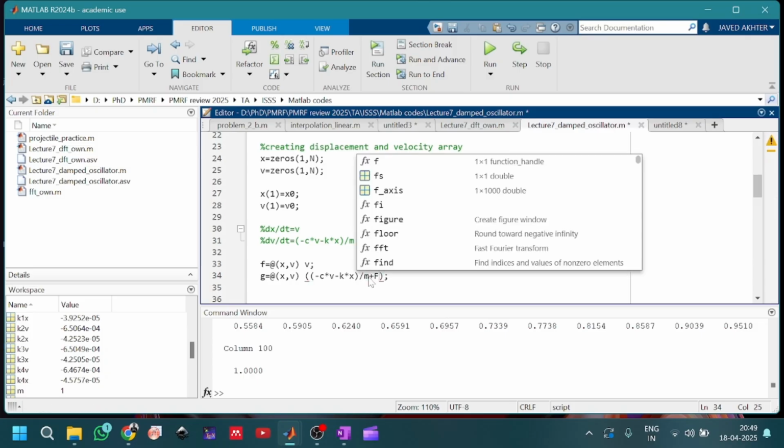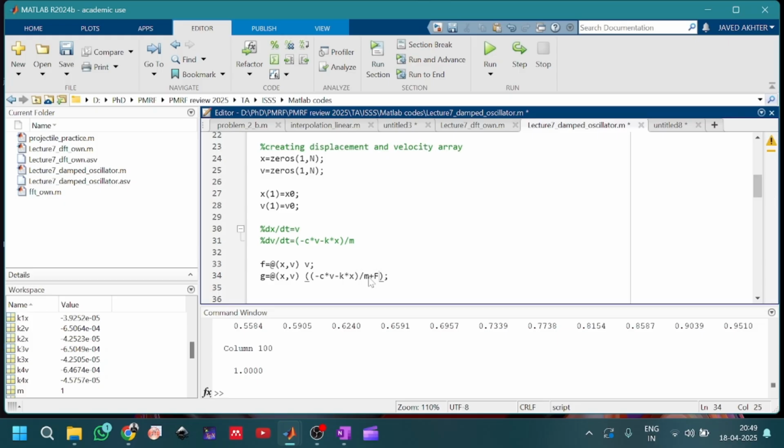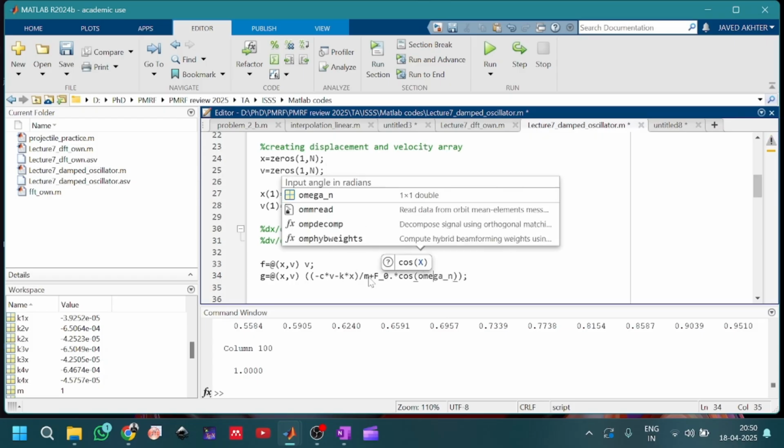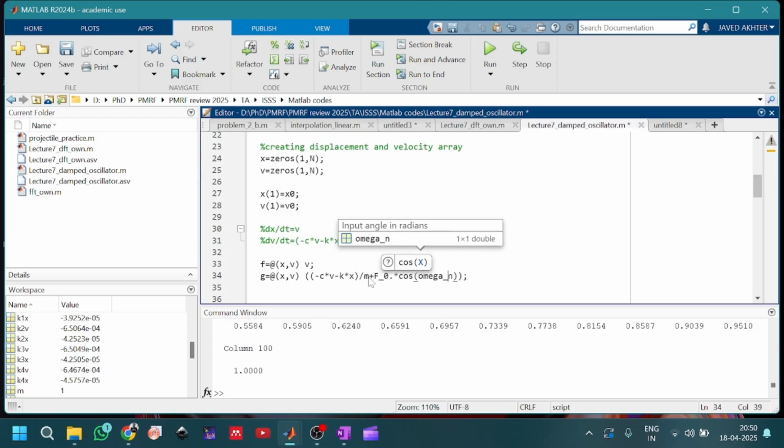Let us call the direct drive strength f0, multiplied with cosine of omega d multiplied with t. So we know what t is.